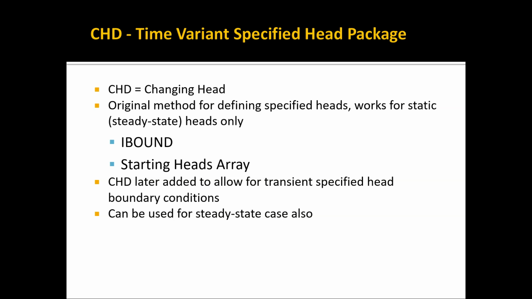So the best way to think about a specified head boundary condition with either the I-bound array or with the CHD package is like a lake or a river where the conductance is really large, and there's not much head loss between the river or the lake and the aquifer in question. And so we sometimes use these, especially on simple models we're doing in class, just to have a really simple approach to simulating these external water bodies.